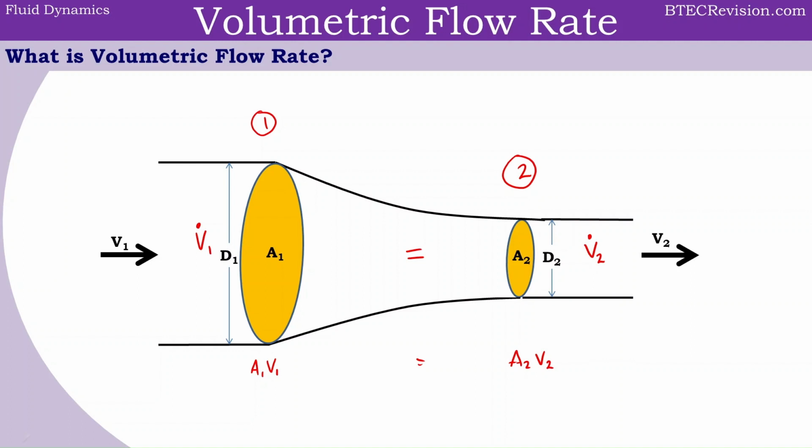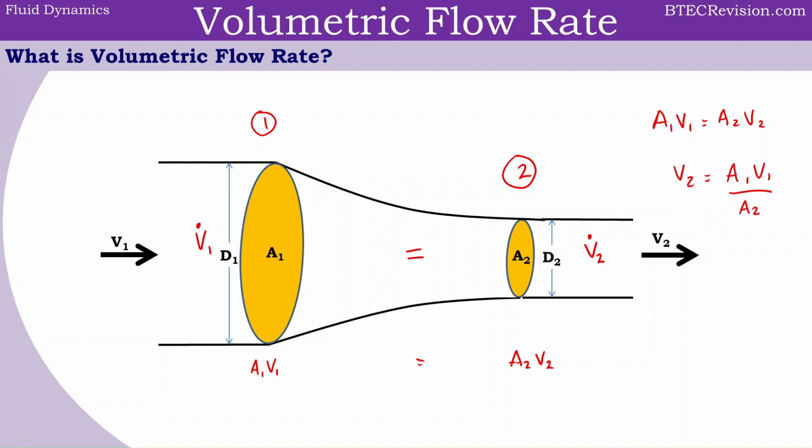Now, looking at the mathematics here to see if V2 is going to increase or decrease, we can write our equation from last lesson, A1 V1 equals A2 V2. And rearranging this for V2 would give us a value V2 equals A1 V1 divided by A2.